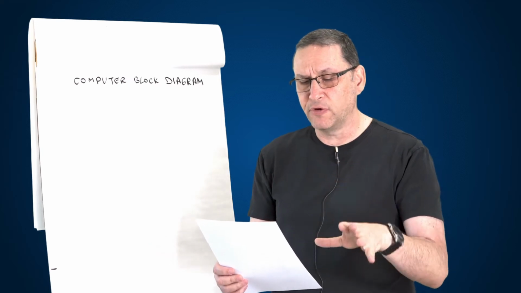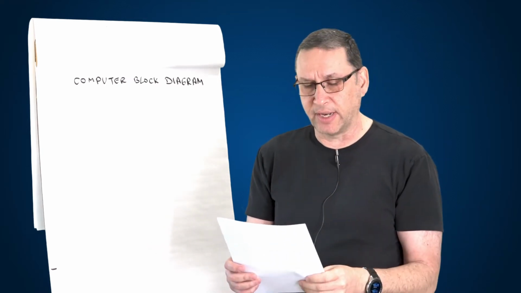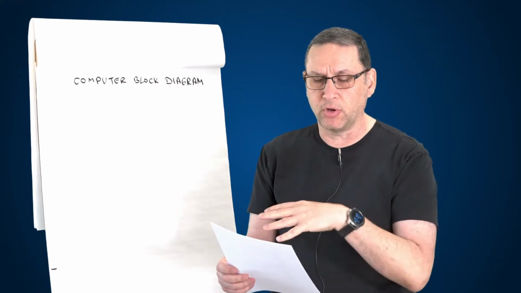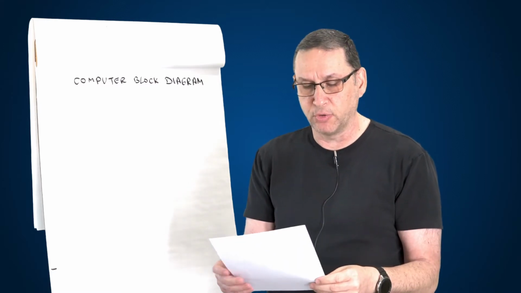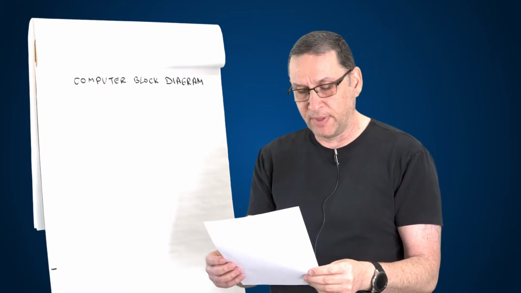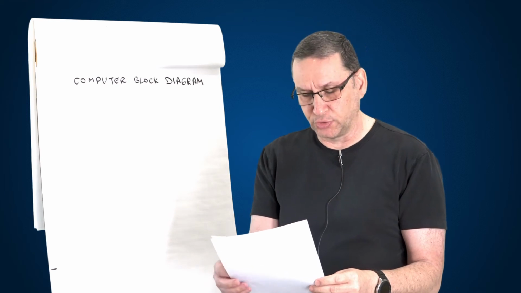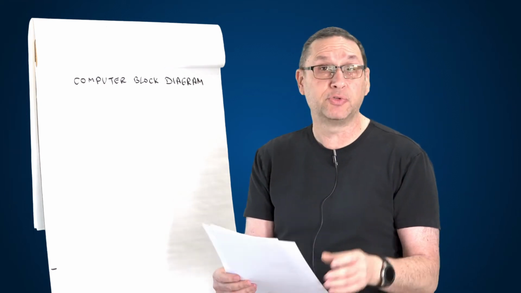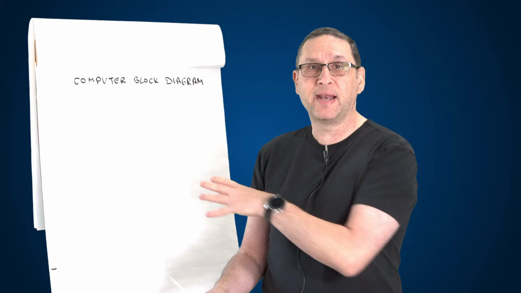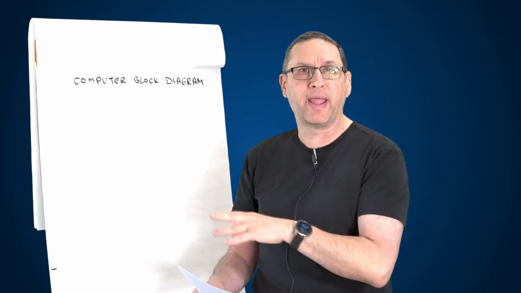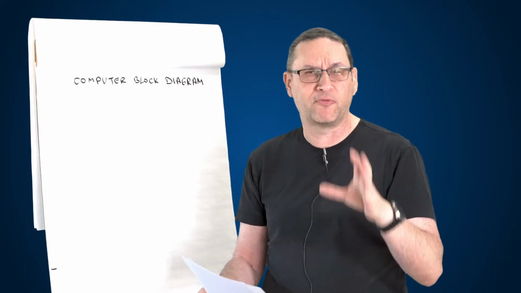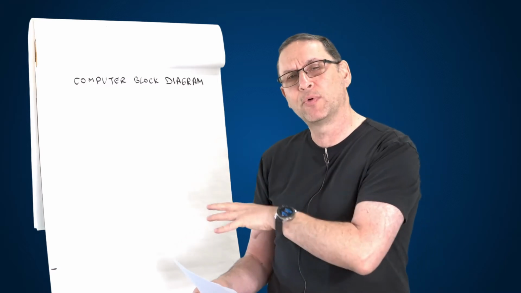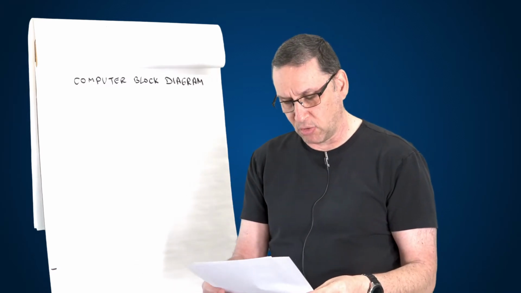Now, let me take you through the outline. I'm going to talk next about why you need the computer, desktop versus laptop, what operating system to choose, and whether you need to choose the latest and the greatest. I'm standing here in front of this because I want to show a very general block diagram of what's in a computer, because then I'm going to attack each one of those blocks and talk about that.